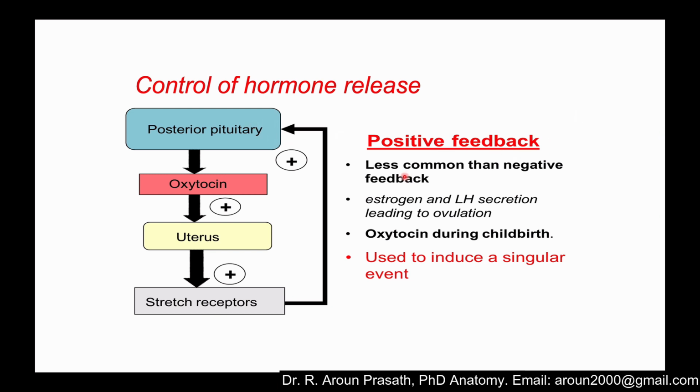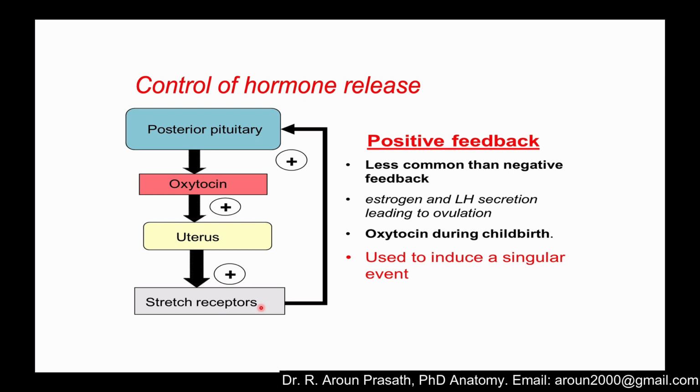Whereas for the positive feedback mechanism, I will give you an example. The posterior pituitary releases oxytocin during labor, during the time of delivery. That oxytocin reaches the uterine muscle and uterine contraction will start. Okay, so these are stretch receptors.